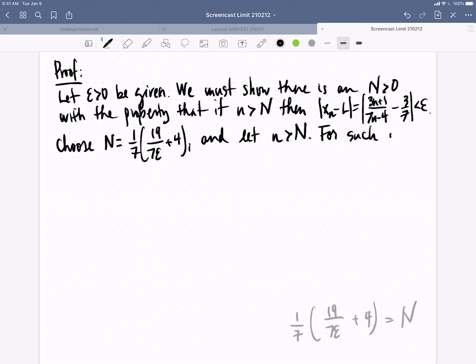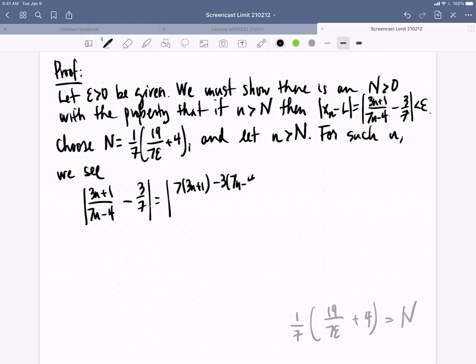For such little n, and here's where we start recycling our scratch work, we see (3n + 1)/(7n - 4) minus 3/7 equals, and really I am just redoing the scratch work that I did previously, I believe this simplifies to 19 over 7 times (7n - 4).